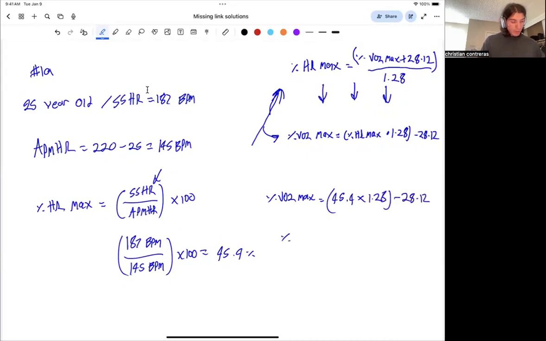And if you throw that in your calculator, you're going to find percent VO2 max is equal to 95.9 times 1.28 minus 28.12.